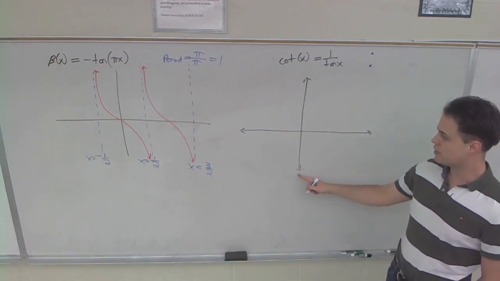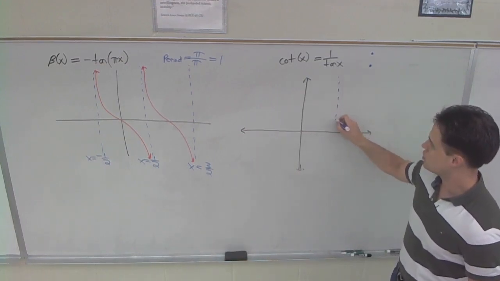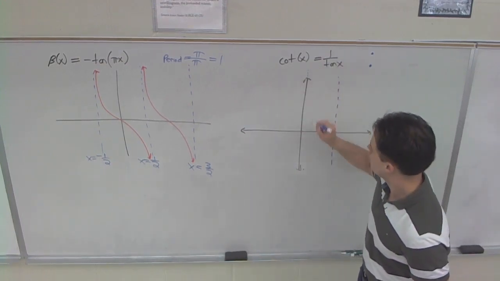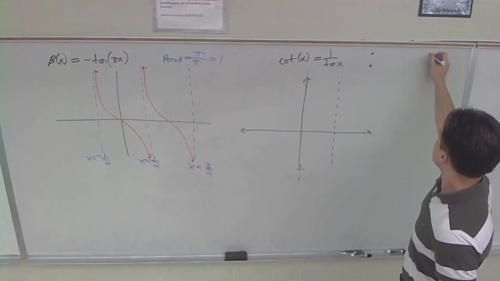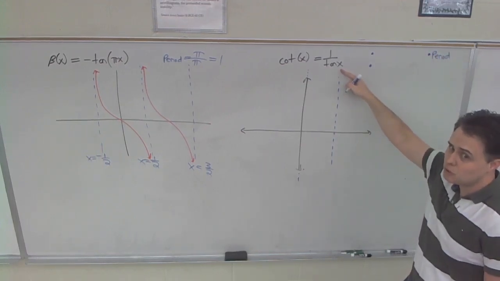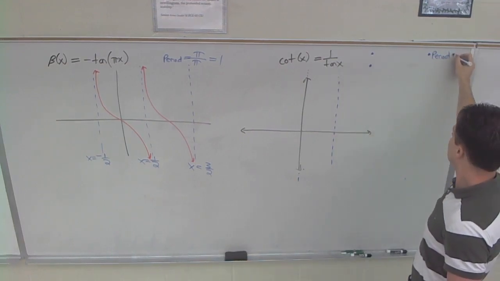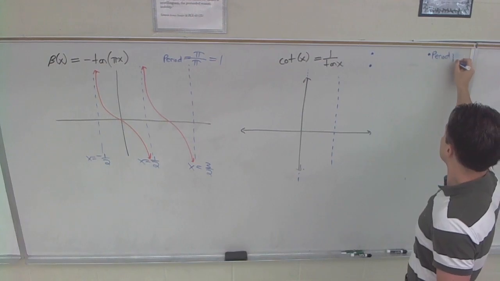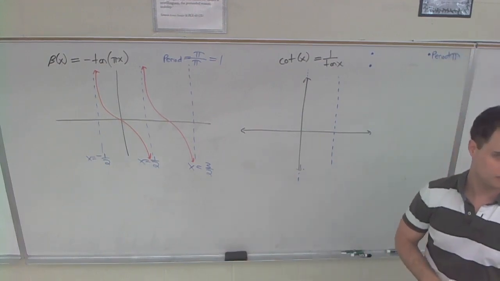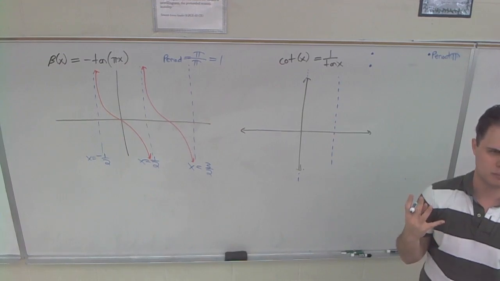And instead of starting on both sides, instead of straddling, it just starts immediately at 0. Its period is the same as tangent, which makes sense because they're just reciprocals. So its period is what then? Yeah, 1 pi. They're the 2 oddballs out. They both get 1 pi. All 4 of the other ones have a period of 2 pi.